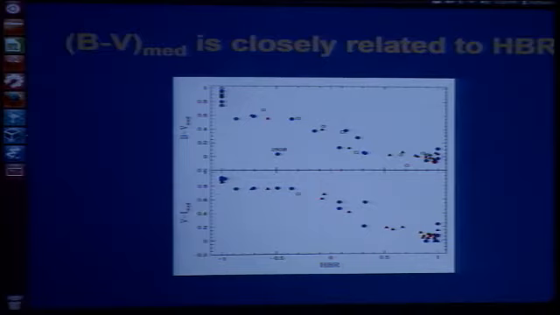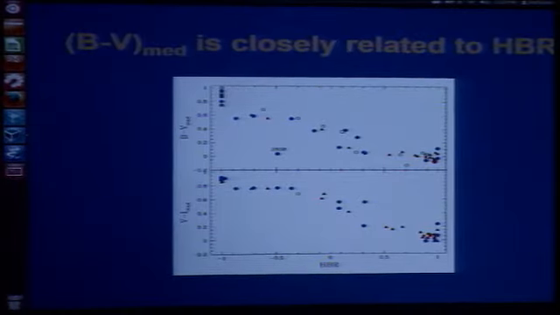Actually, this median color is strictly related to the parameter HBR that has been used by Zinn in his analysis, so they are essentially measuring the same thing. NGC 2808 is peculiar because it has a very bimodal distribution with nearly 50% in the blue and 50% in the red.